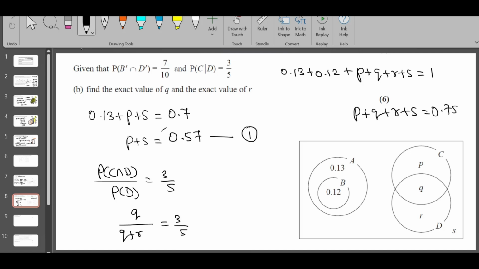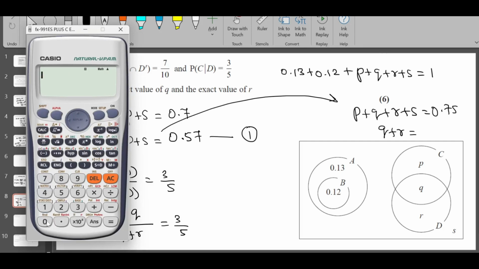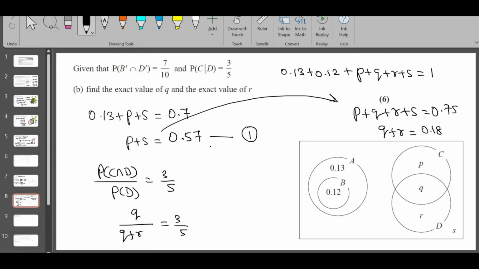When you sub in P plus S is equal to 0.57 here, you will get Q plus R is 0.75 minus 0.57, 0.18. Sub in this here, you get the value of Q already.